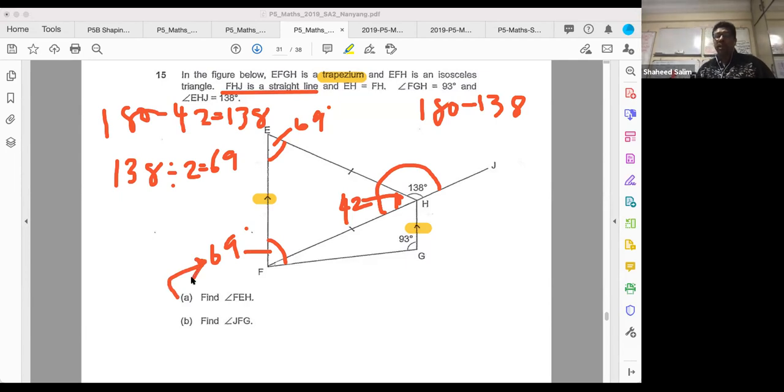What about B? JFG. You can find this one. How much is it? Okay, I'll show you now.